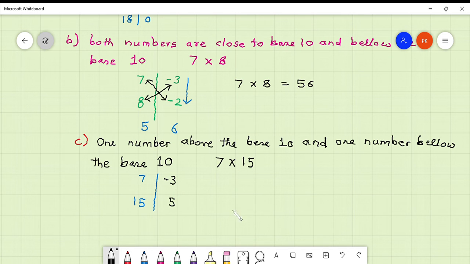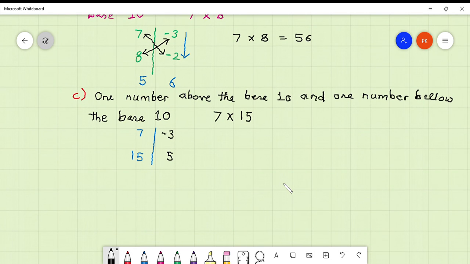As done already, first multiply these two. So this will be minus 15, and now cross add or cross subtract, you will get the same answer. So 7 plus 5 is 12, 15 minus 3 is 12.